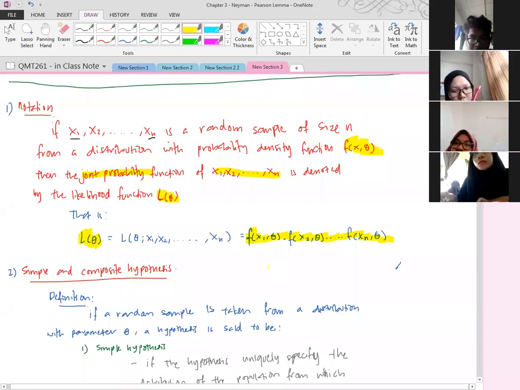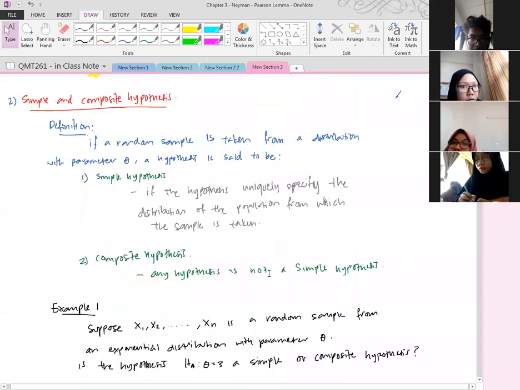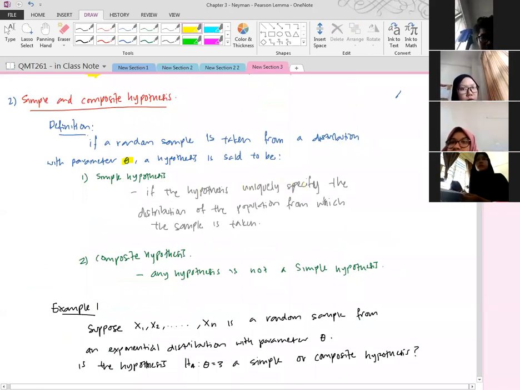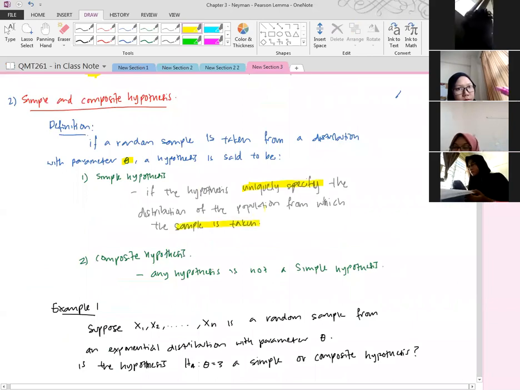The definition: if a random sample is taken from a distribution with the parameter theta, a hypothesis is said to be a simple hypothesis if the hypothesis uniquely specifies the distribution of the population from which the sample is taken. So we need a unique value of a parameter in a distribution.